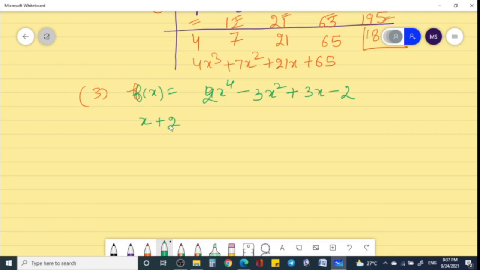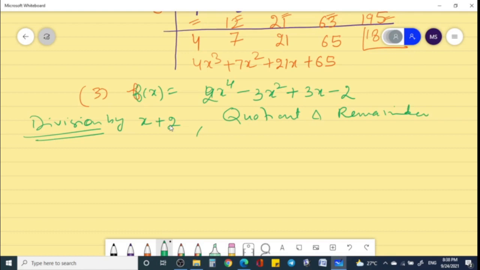So division by x plus 2. We will determine the quotient and remainder.